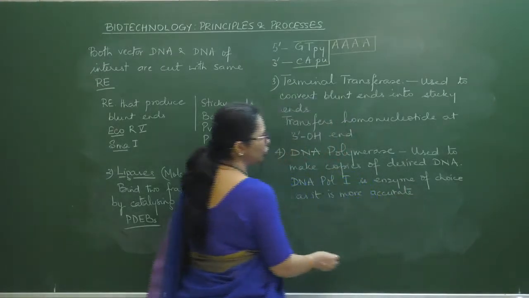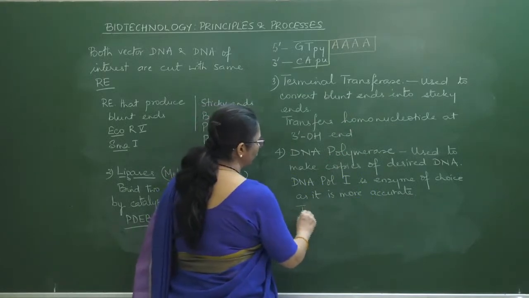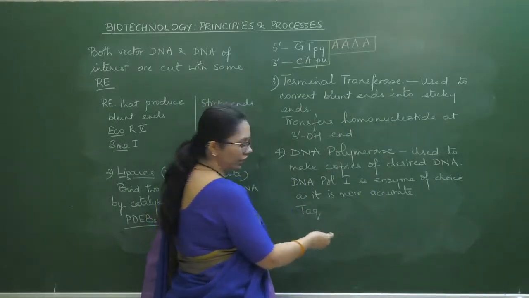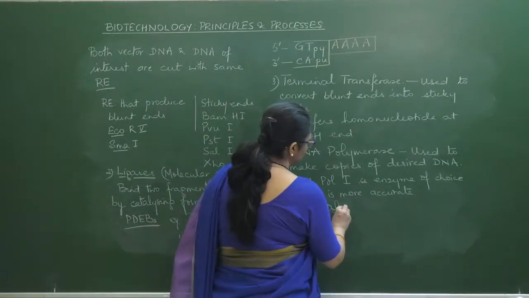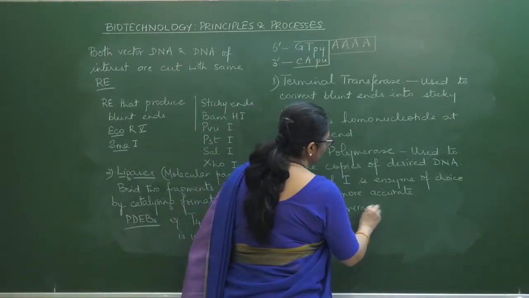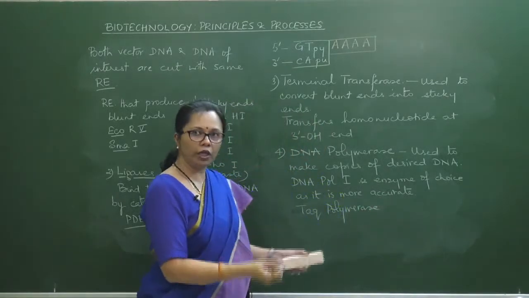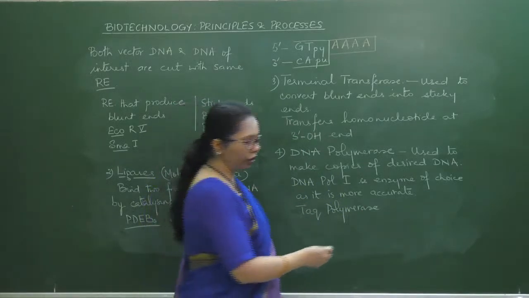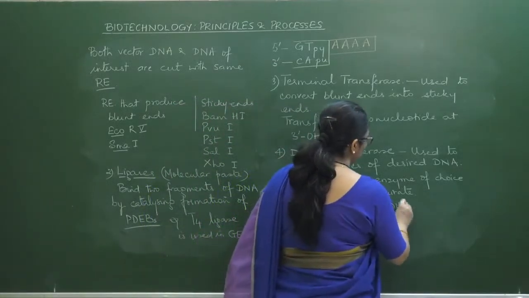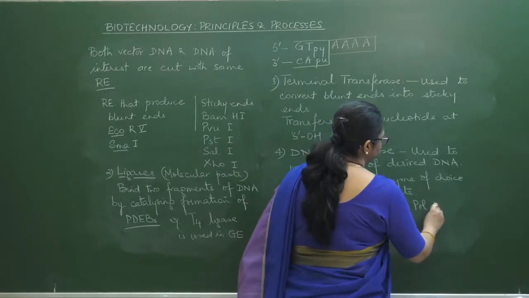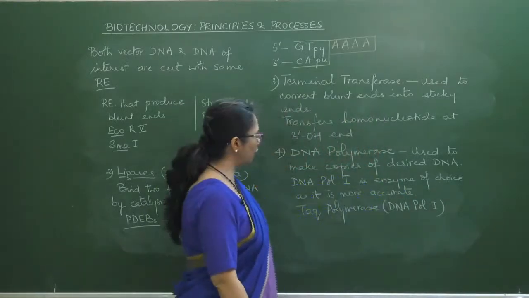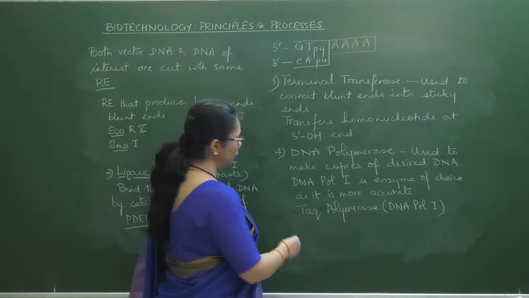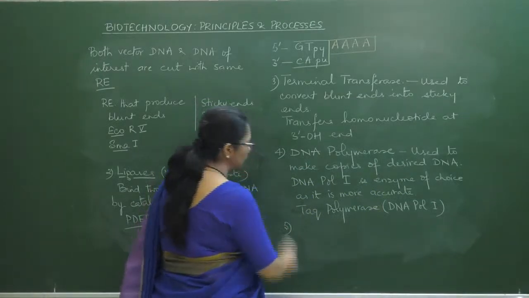And in PCR, you know that we use Taq polymerase, that is from Thermus aquaticus. Taq polymerase is used, and this Taq polymerase is actually in the category of DNA Pol 1 only. Okay, so this is actually DNA Pol 1. Right, this is one. And last one more enzyme I would mention, and then we are through with the enzymes.